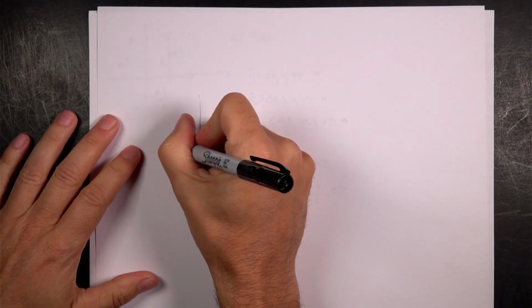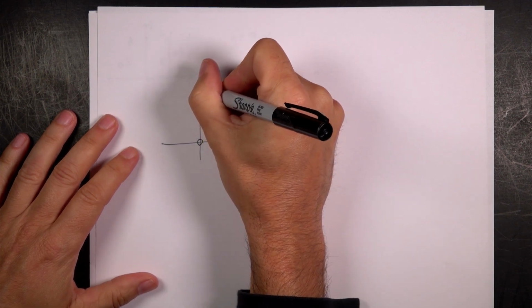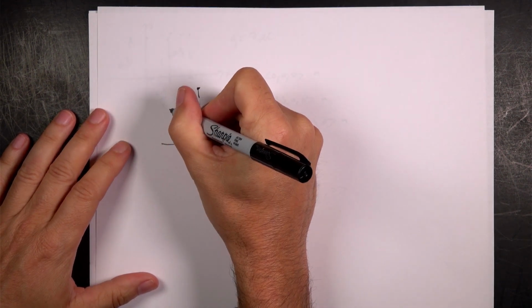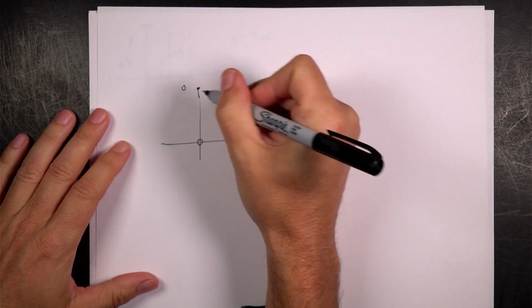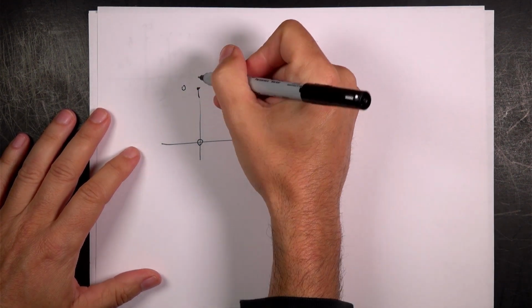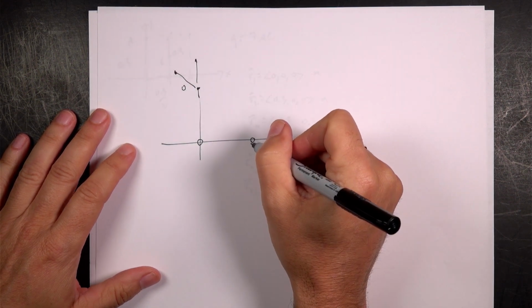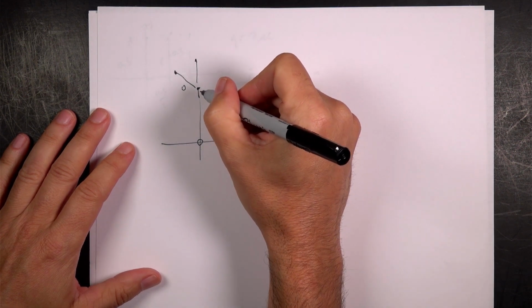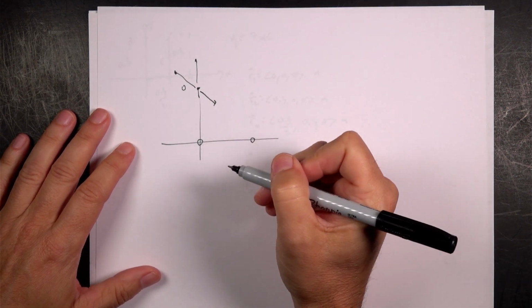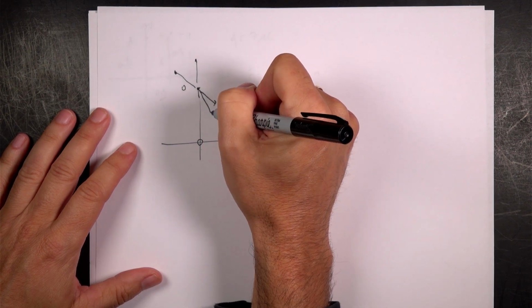So here's what I have. I have a charge, and there's my observation location, RO. Let's put that as O. So I know that this is going to make an electric field going that way. This is going to be going that way. And so I need to find this electric field going that way, which I know. And then I want to put, actually it'd be more like this.